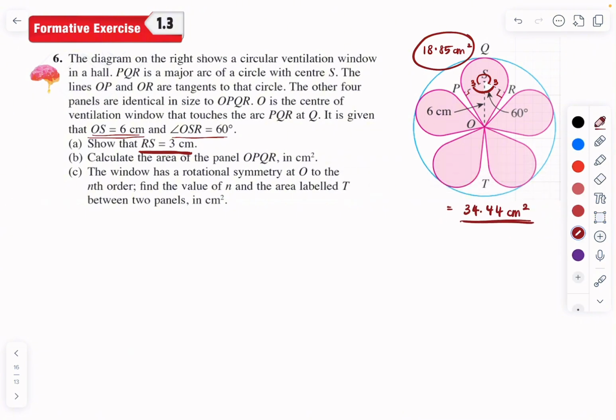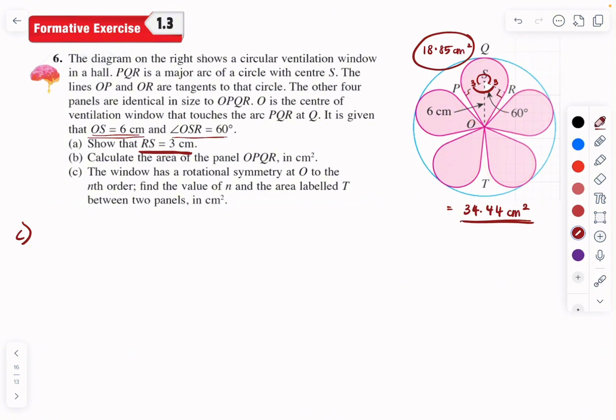Right. Let's look at C. The window has a rotational symmetry at O to the nth order. Find the value of n. Okay. So this shape has a rotational symmetry of how many orders? So we have 1, 2, 3, 4, 5 panels.